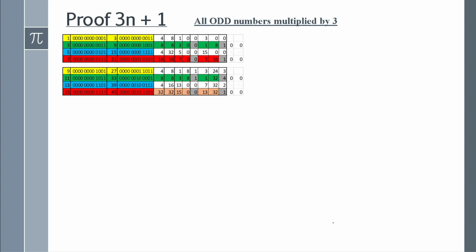When we multiply them by 3, there's not a change in our mods necessarily, but with the 7 mod 8s, you're going to see it's going to change. And the interesting thing is the 5 mod 8s and 7 mod 8s are going to cycle in and out of 16. So 5 and 7, you have 16, and 5 is 32.